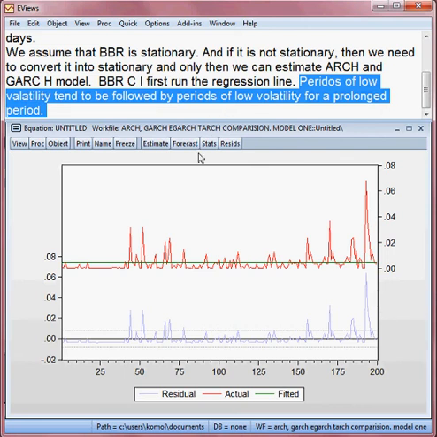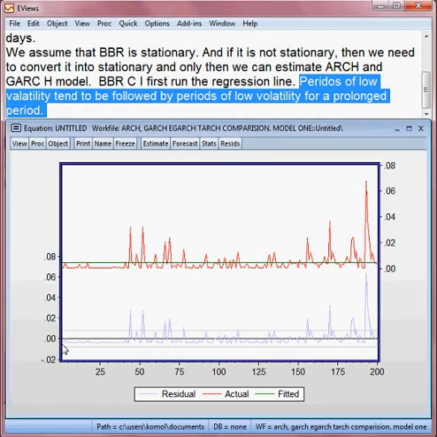Meaning you can see from here to here, the low volatility is followed by another low volatility for a prolonged period. Again, from here to here, you can see this gap.